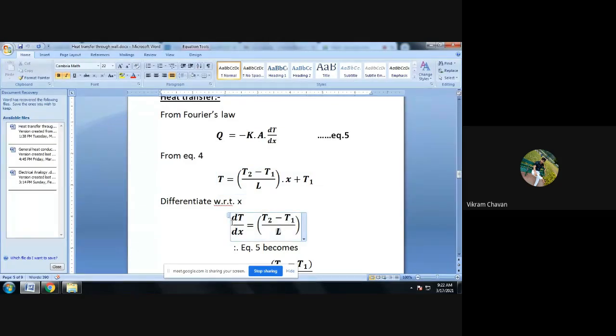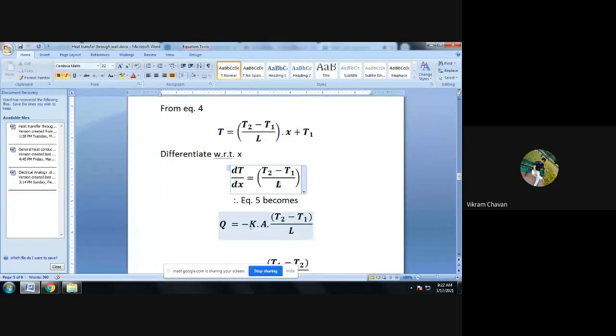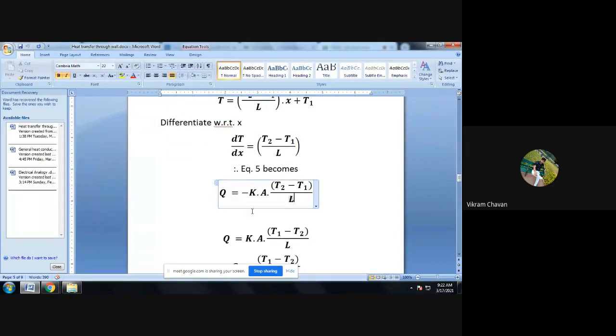Now just put the value of dT divided by dx in Fourier's equation. We will get the equation as q is equal to minus k multiplied by A multiplied by (T2 minus T1) divided by L. Next we have to absorb this negative sign inside the bracket.